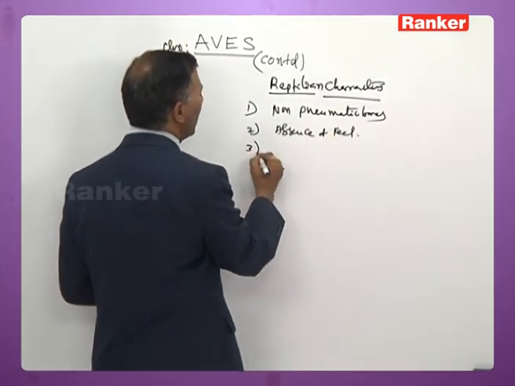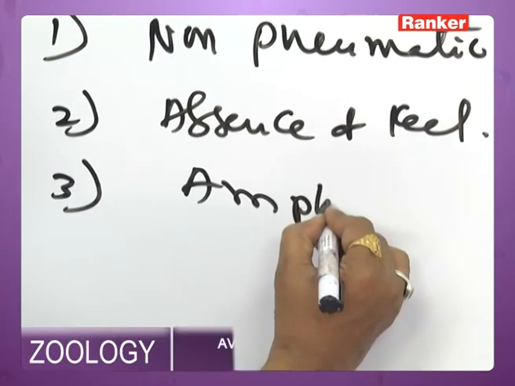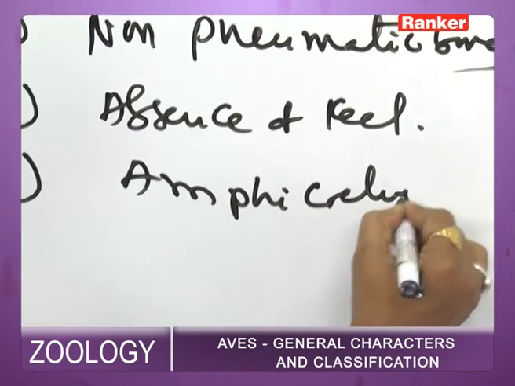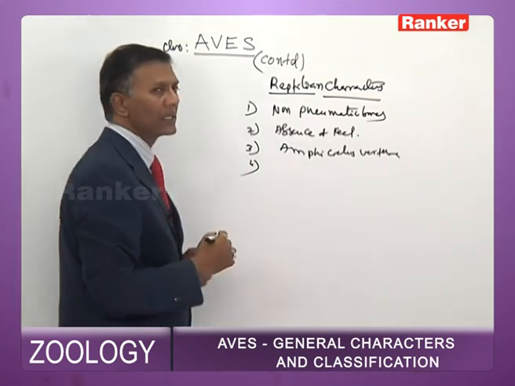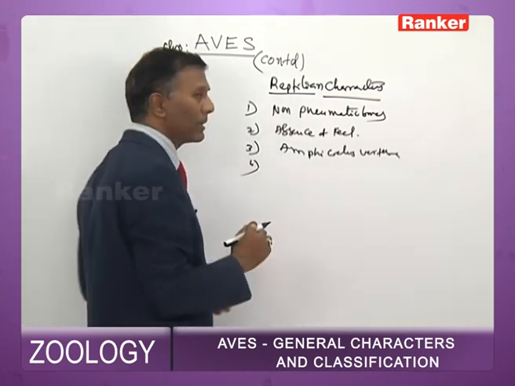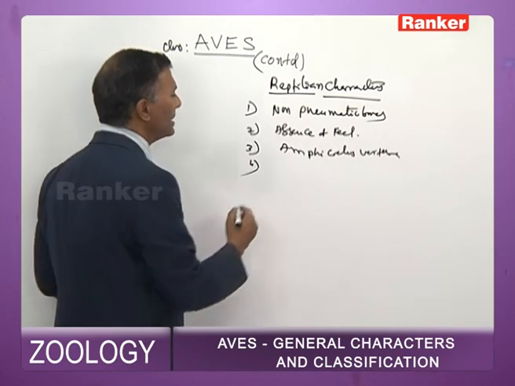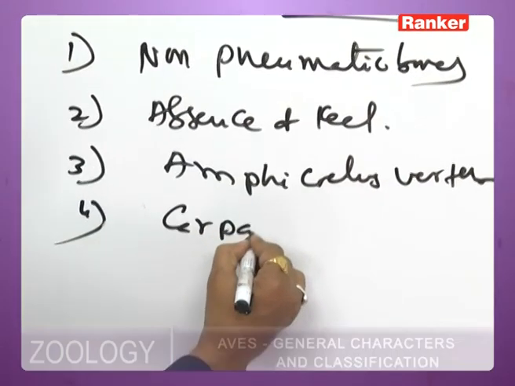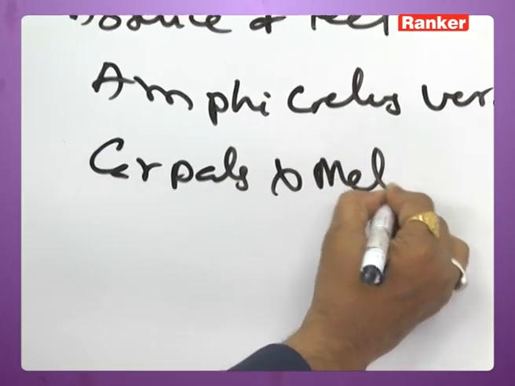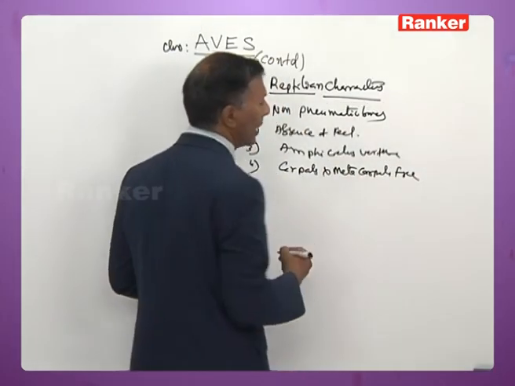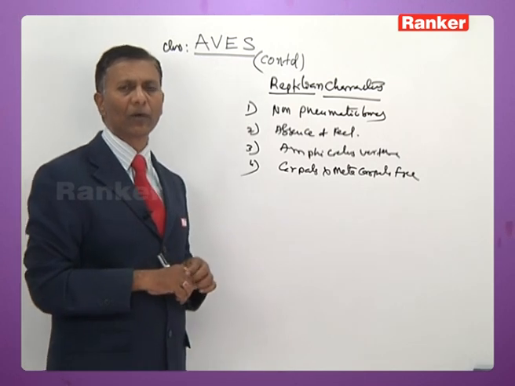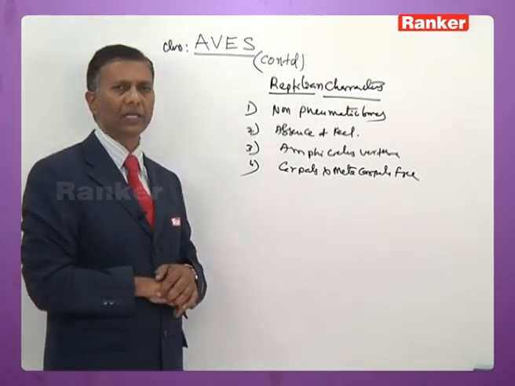Number 3, amphicoelous vertebrae are present. Next, tarso-metatarsus is present, but carpals and metacarpals are free, without forming carpo-metacarpus.